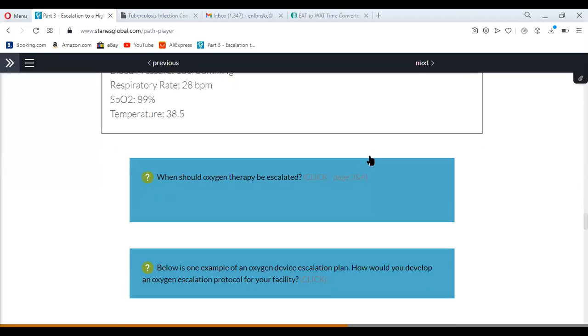Let's post some answers in the chat box. Let's see, all following this discussion. When should we escalate? When should we increase the oxygen therapy? It's clear now at 5 liters per minute using that device, we are not achieving a good result.